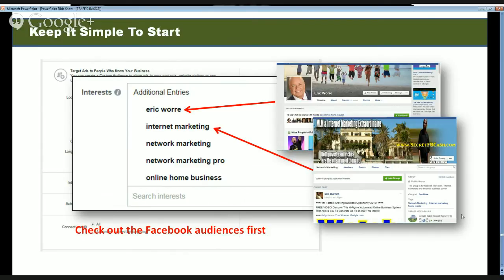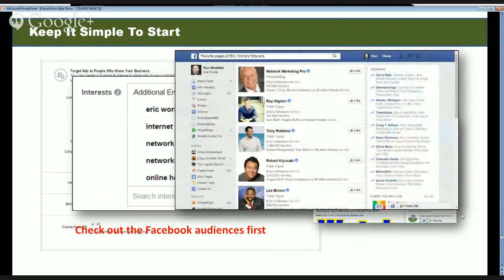Okay, now here's the really cool thing about Facebook. When you get into Facebook, and you already now know that Eric Worre, for example, has a big following. There's a lot of people that are in your target market. They're interested in MLM, so they're going to be interested in what you're going to give them if you advertise for MLM.